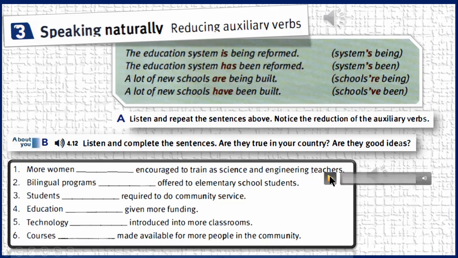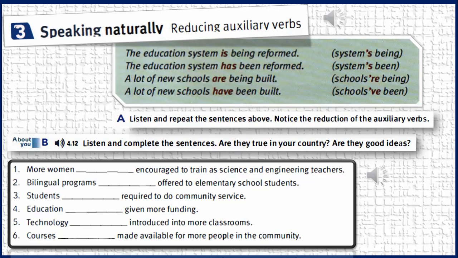Here we go. 1. More women are being encouraged to train as science and engineering teachers. 2. Bilingual programs are being offered to elementary school students. 3.